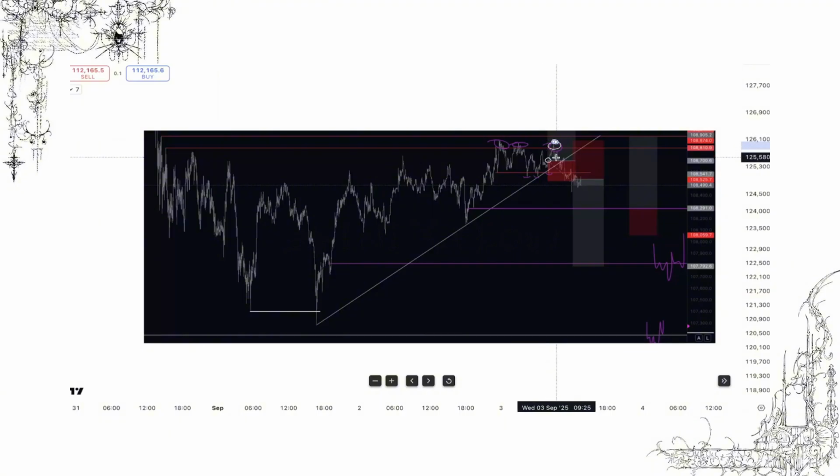What I'm going to do is de-risk, and what de-risking means is that you just take off some of your risk. It could be 50% of your risk, it could be 60% of your risk. Let's mark out the external trend and internal trend.